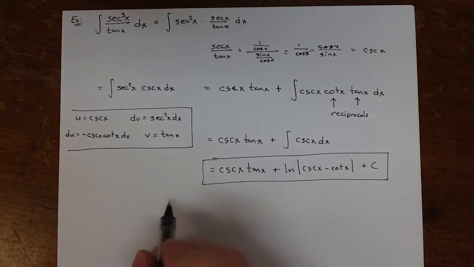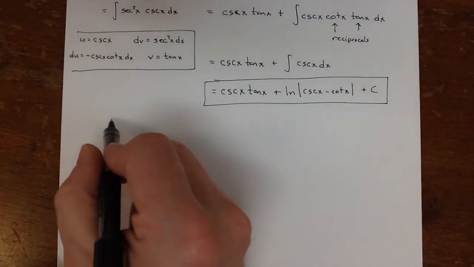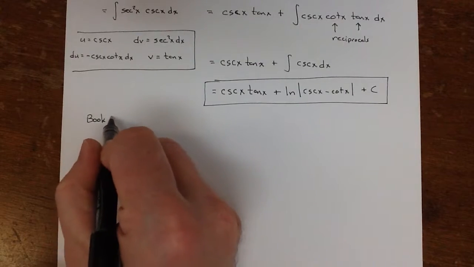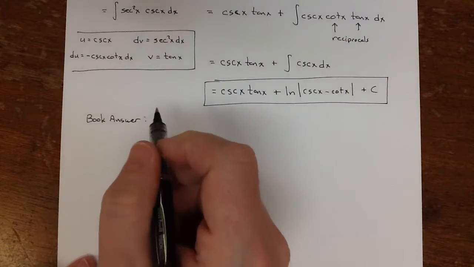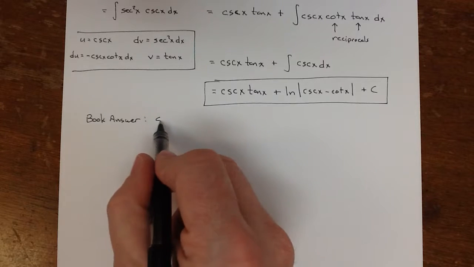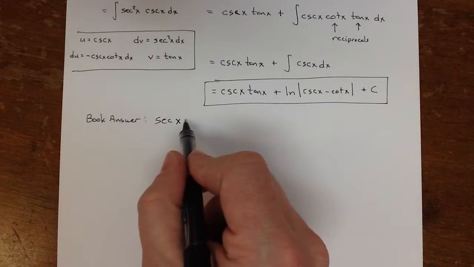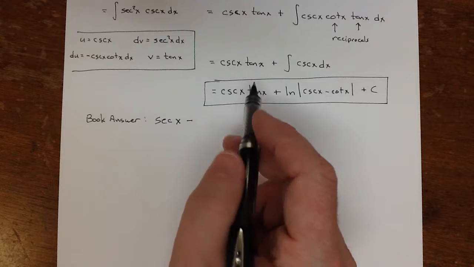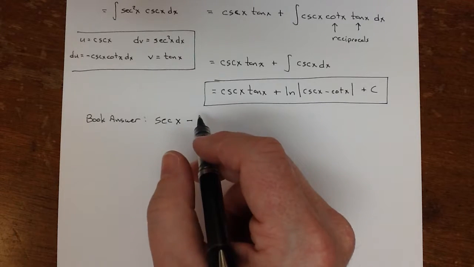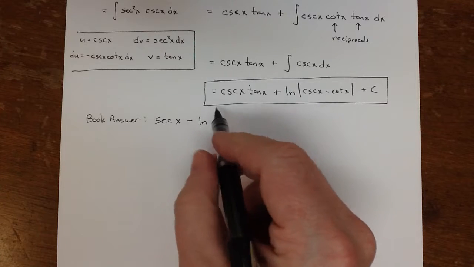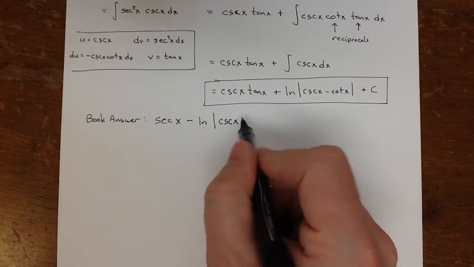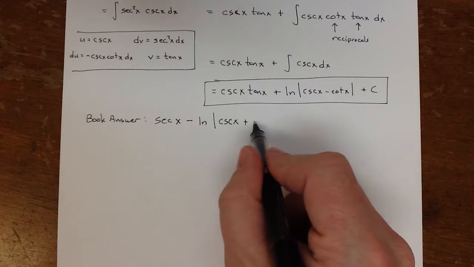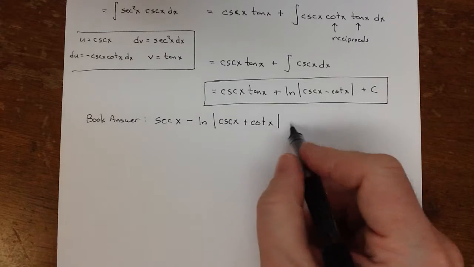The answer that they had in the book was secant x minus natural log of cosecant x plus cotan x, plus c.